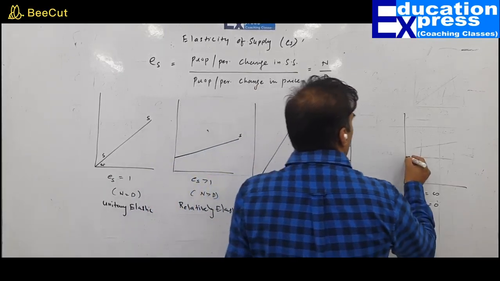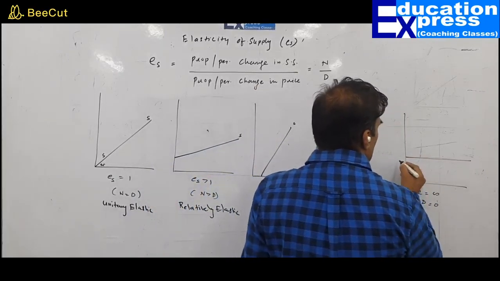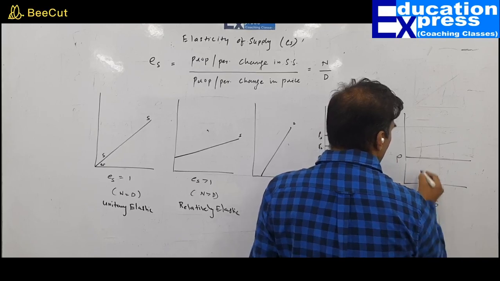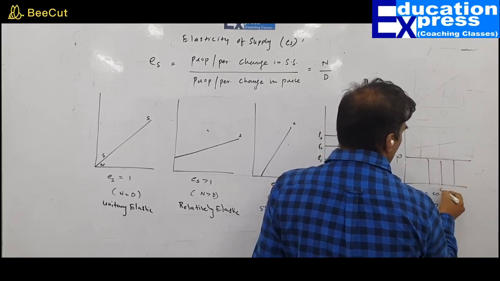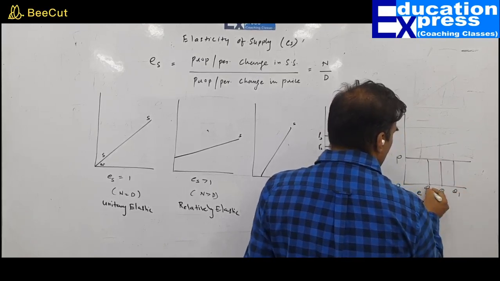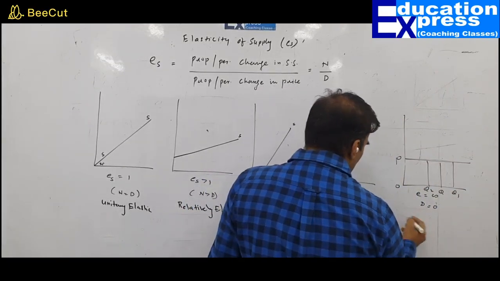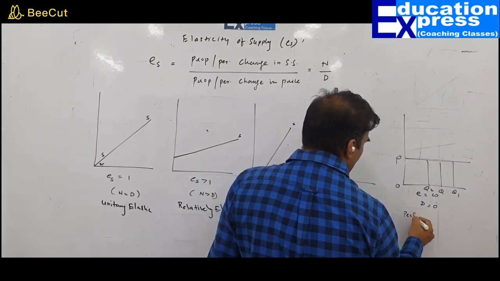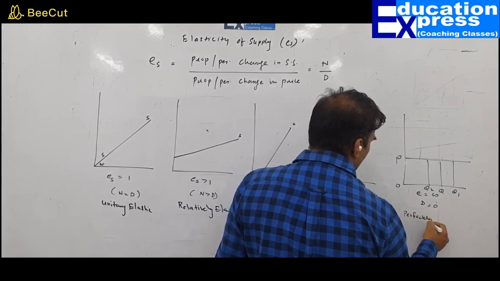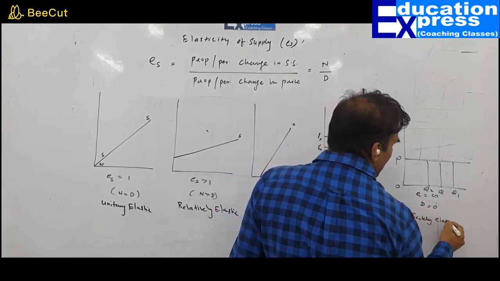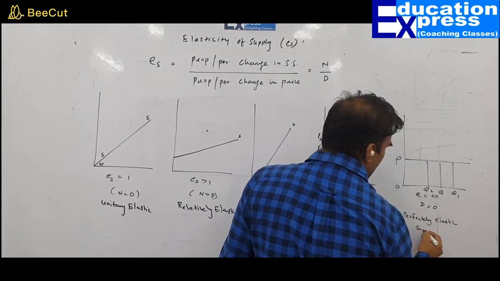And this is about the train ticket example which I gave you. Price will remain the same, possibility of supply changing, rising or falling. So this will be perfectly elastic supply.